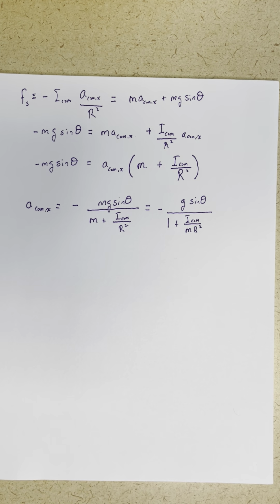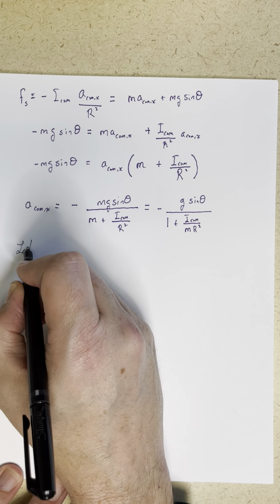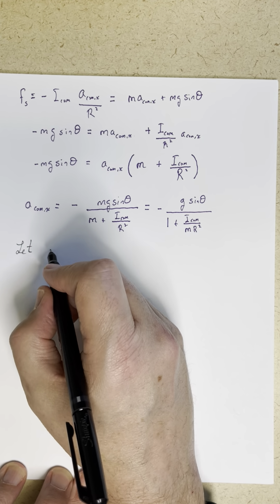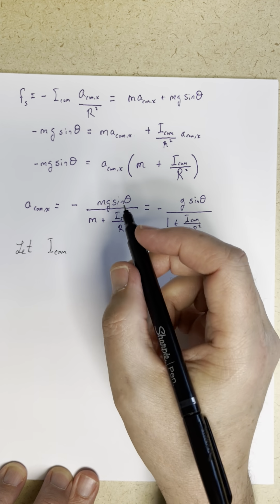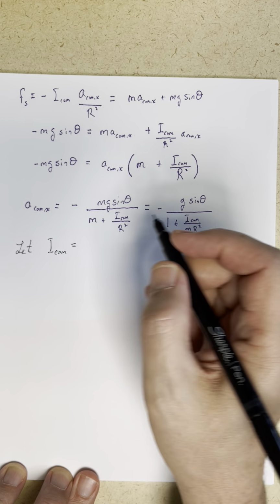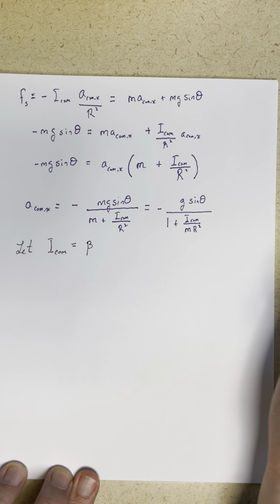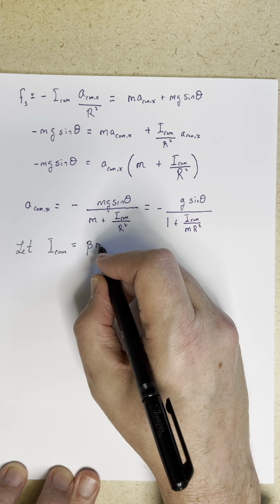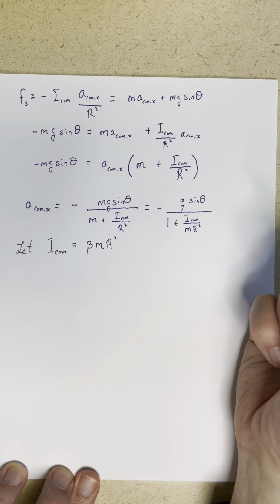All right. Now I'm going to do a little generalization that is helpful. For things that can roll, their rotational inertia about the center of mass has a form that looks like a dimensionless parameter that I'm just going to call beta, times the mass of the object that can roll times its radius squared.